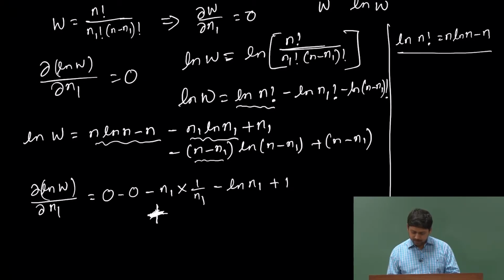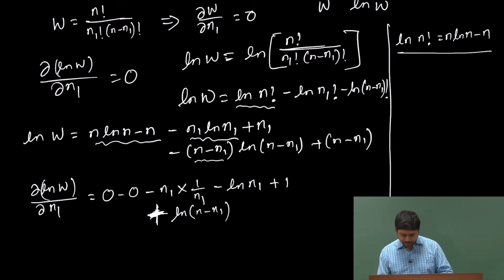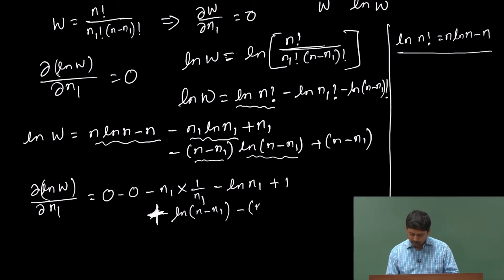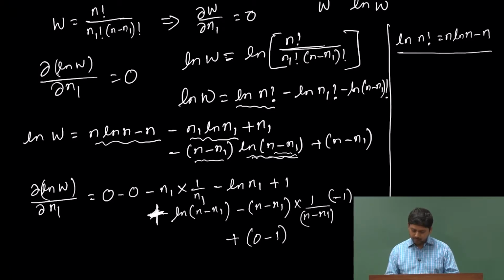So, plus ln n minus n 1. Now, I need to take a derivative of the second one. So, now I say n minus n 1 times the derivative of ln of this quantity, which is 1 by n minus n 1, and then I have to take the derivative of the one that is inside. So, that will be minus 1. Now, the last term plus, that will give me 0 minus 1.